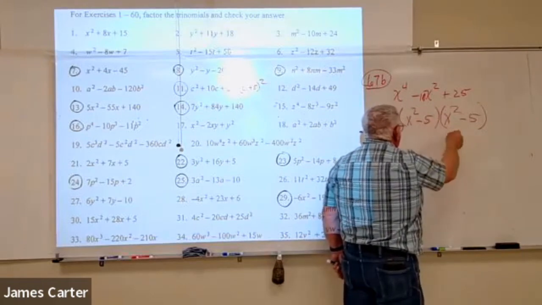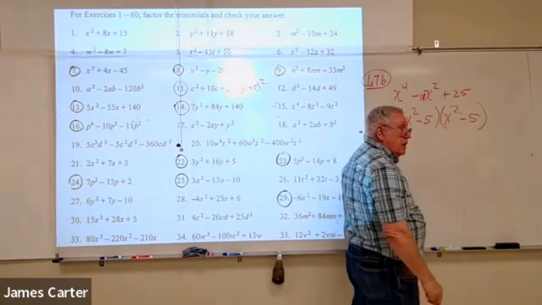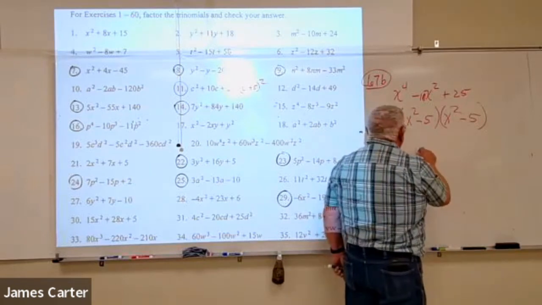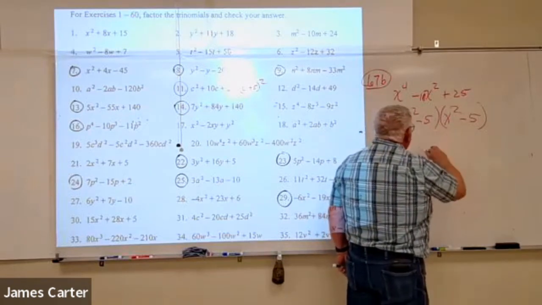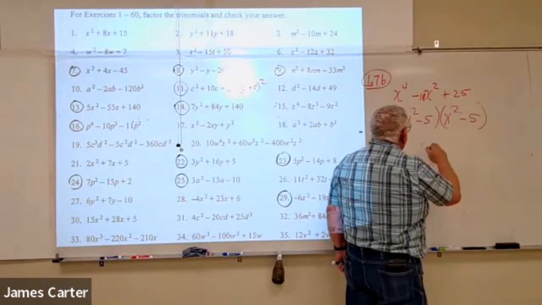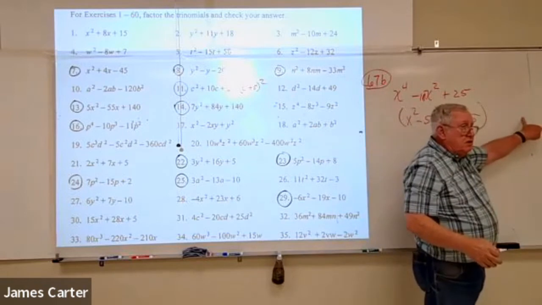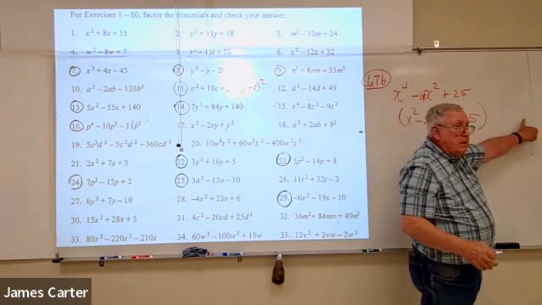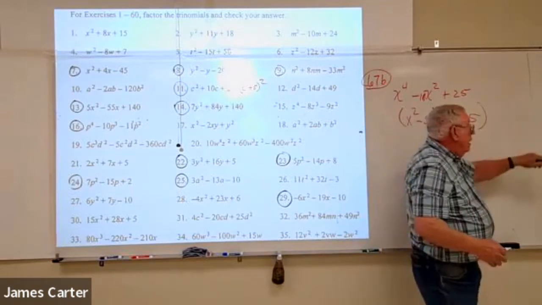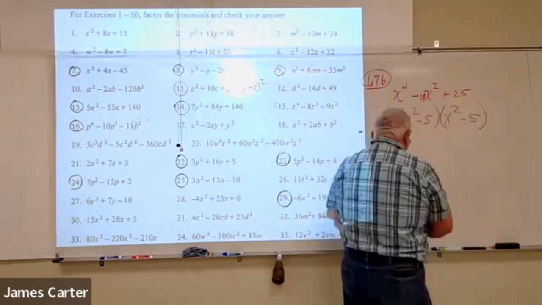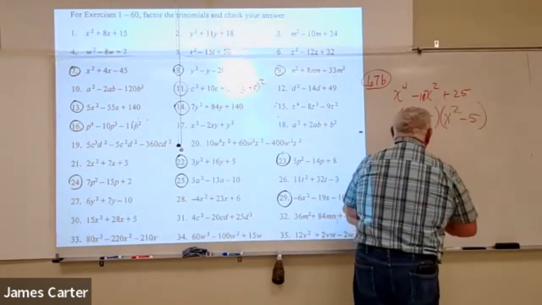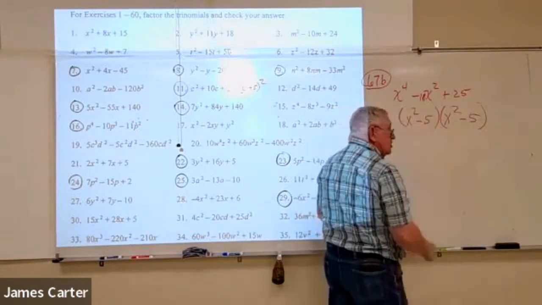Now's where it gets a little complicated. In this case, we're going to have trouble doing a little bit more because we don't have an equals anything. Now, the other way that you could work this problem, we can't really finish this one.